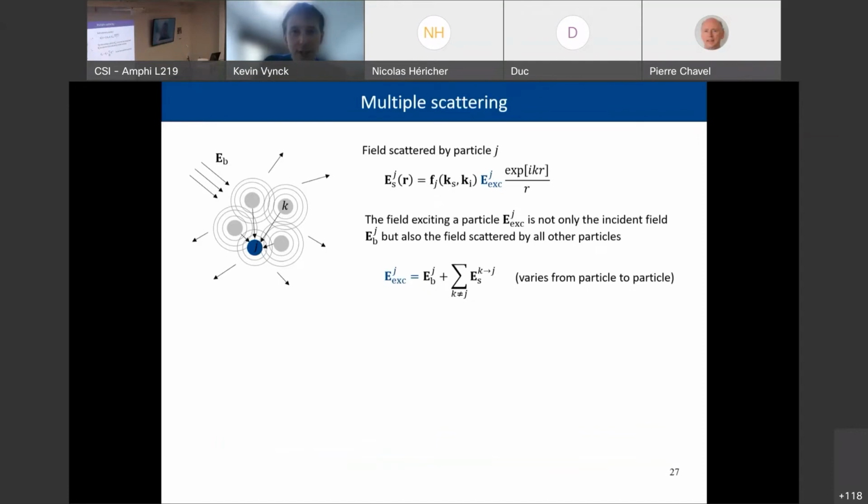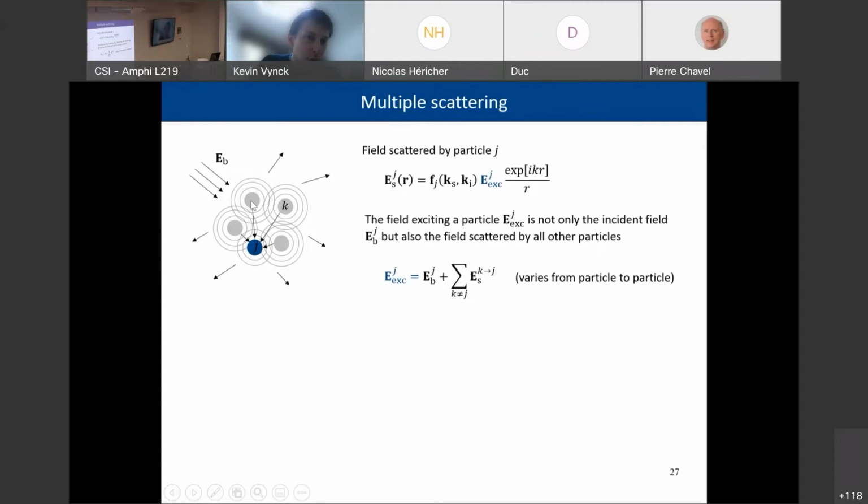In fact, I should have written that the field scattered by a certain particle J is not simply the scattering amplitude times the incident field or the background field on the system, but it should be an exciting field on the particle J. And this exciting field on particle J is not only the incident field on the system, but it's also the field which is scattered by all the other particles on the particle J. So simply, this term should be the incident field on particle J plus the field scattered by all the other particles that I labeled K on the particle J. And this field obviously depends from particle to particle.